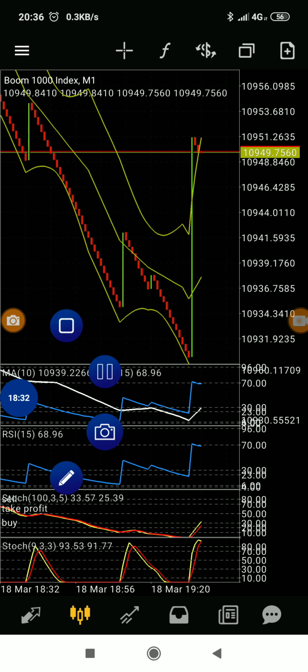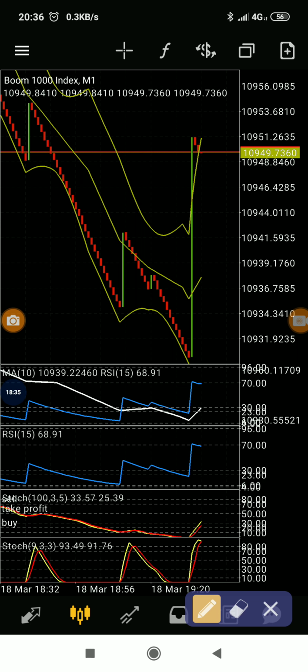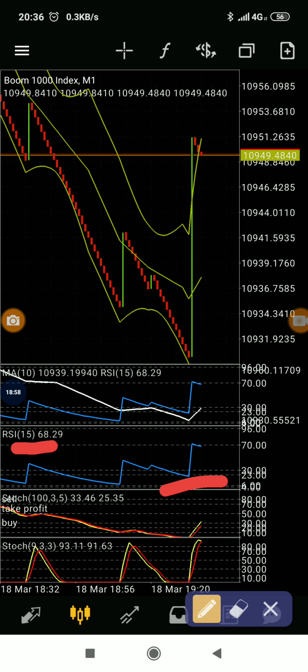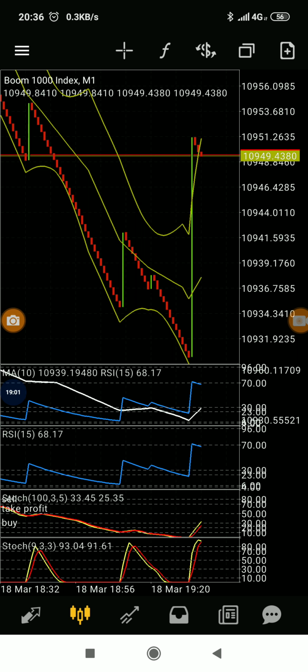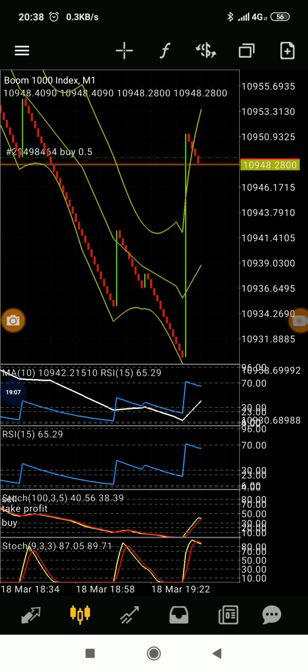The moment the RSI 15 is below the 23 level, yeah, you can see the moment the RSI is below this 23 level.